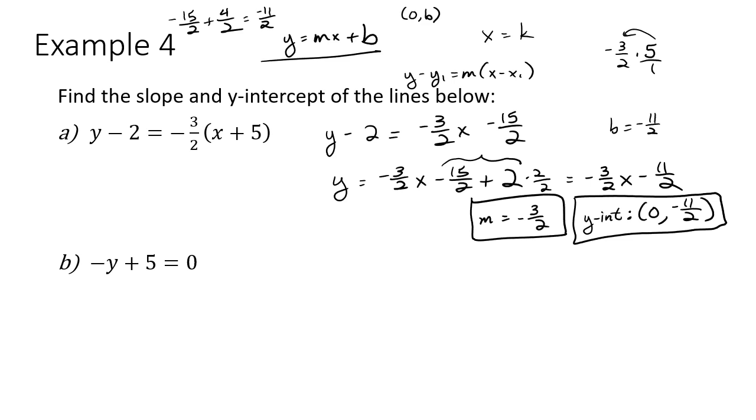Part B is next. We've got -y + 5 = 0. If I subtract 5 from both sides, and then multiply or divide by negative 1, this is the equation y = 5. This is a special case. This is a horizontal line, so instead just think about what's going on.